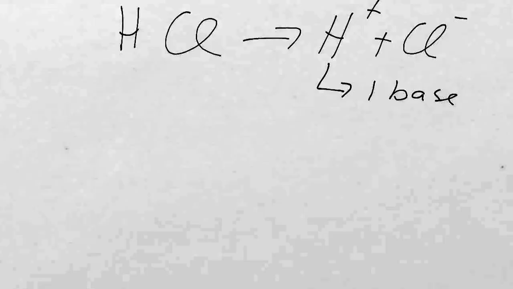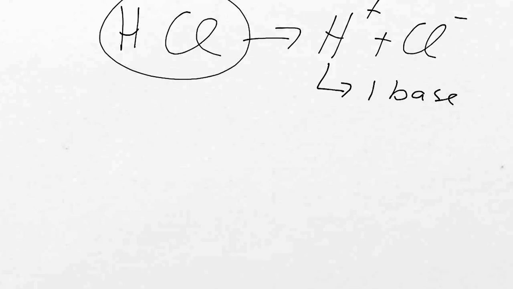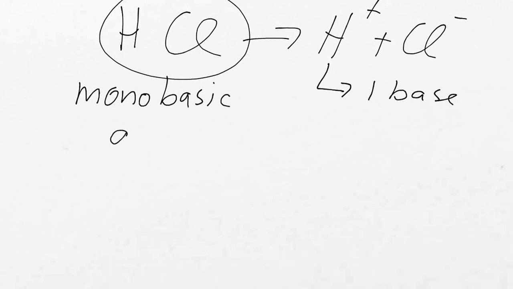So it can bind to one base. And that's why we call HCl a monobasic acid, because it can satisfy one base molecule.